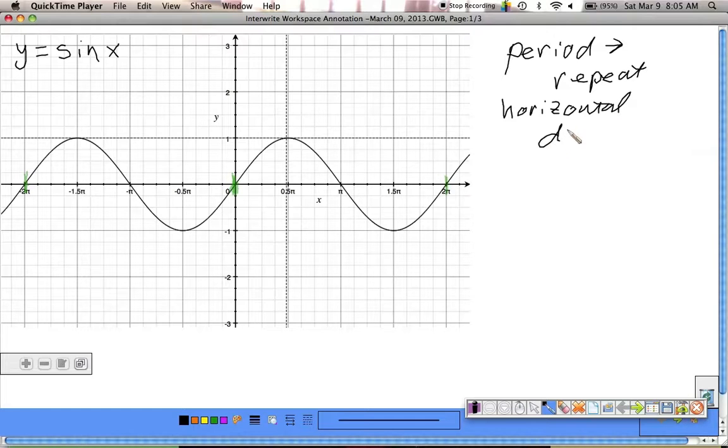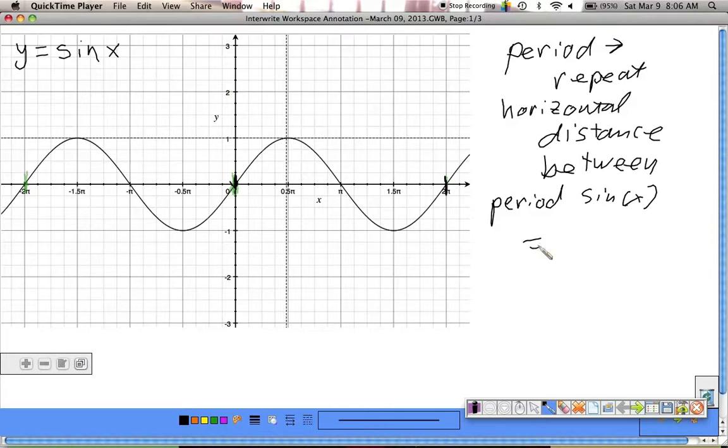So this is the horizontal distance between repeats, measured on the x-axis from here to here. You can see, because this is nicely labeled, that the period of sine of x equals 2 pi.